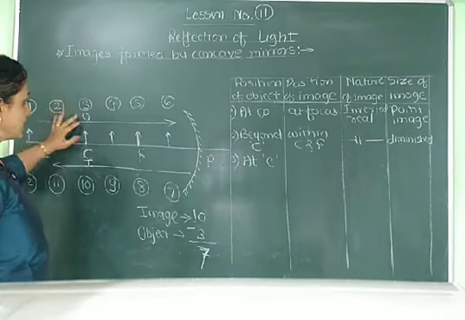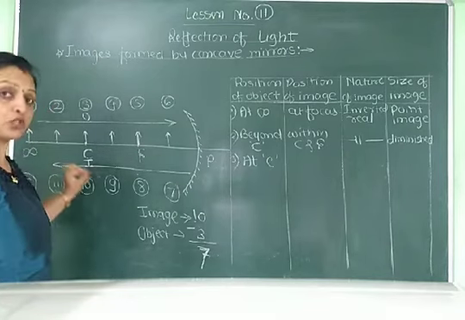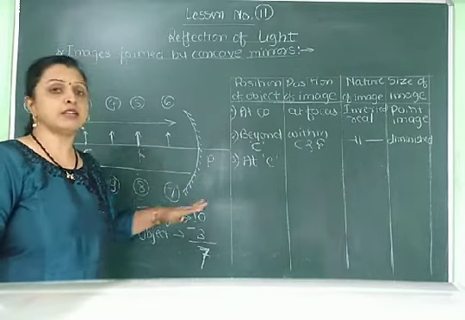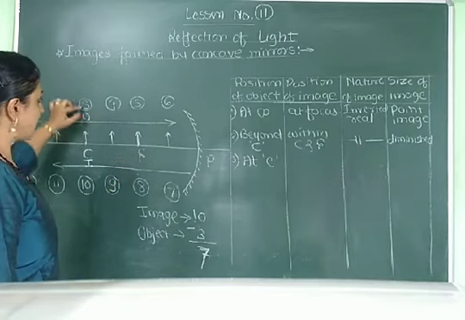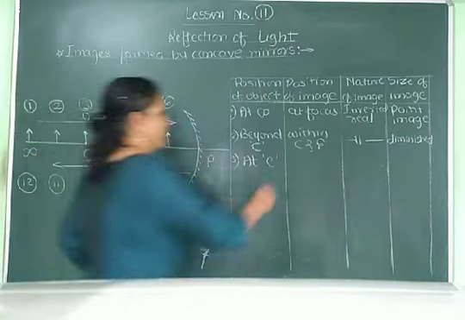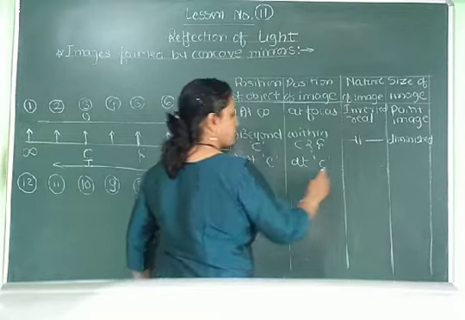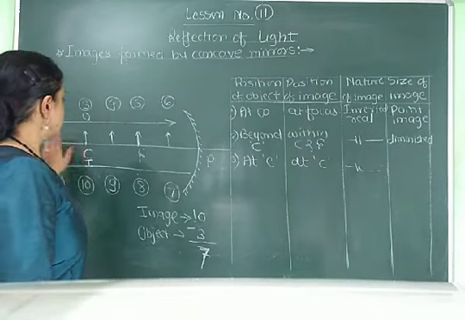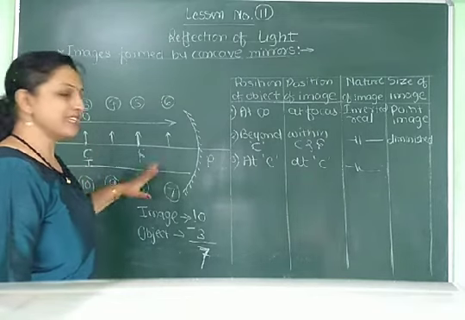You can see, if we place the object at center of curvature, then we get its image at the same position. Only that image is inverted and real. Only this is the difference. So again we get it at the center of curvature. Also that image is inverted and real, because the image is again obtained on the same side of the mirror, in front of the mirror.